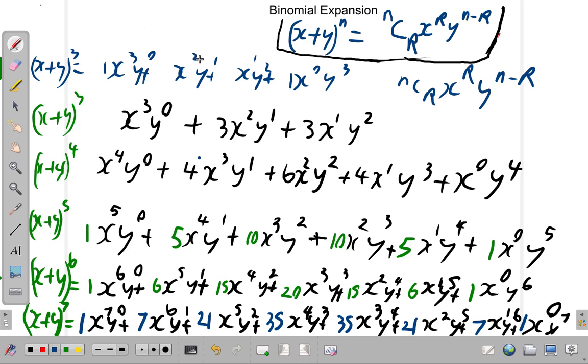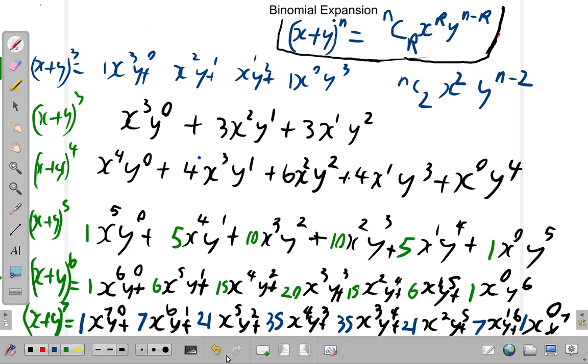Here, this is x to the 2. So, x to the r means r is 2. So, we're going to erase the r here and write 2. We substitute 2. And this is 2 as well. So you put 2 for r. Now, of course, n is going to be 3 because you're expanding x plus y to the 3.